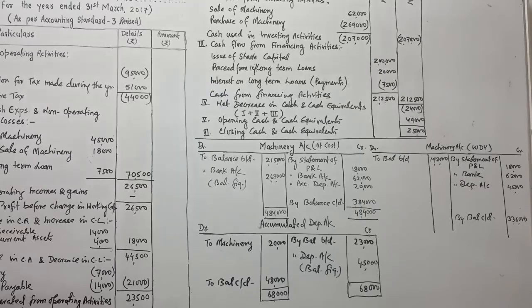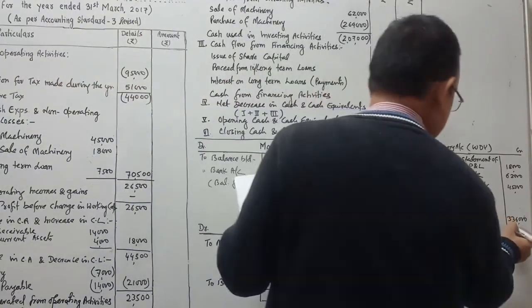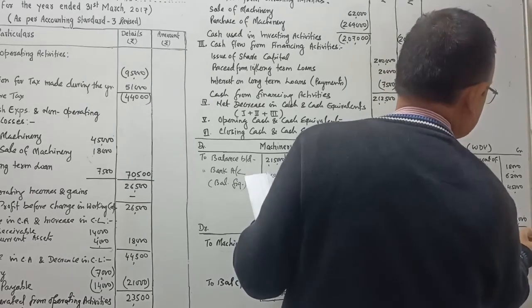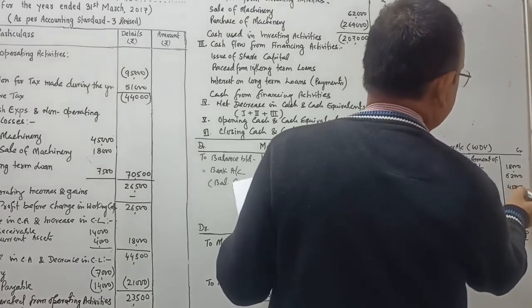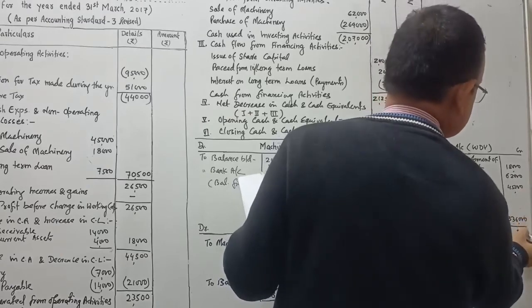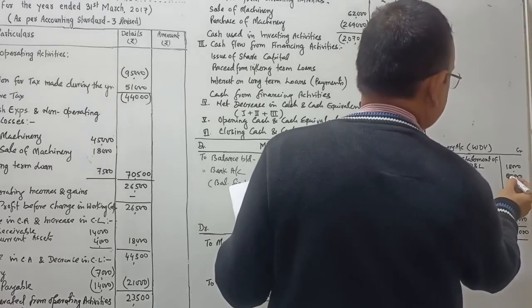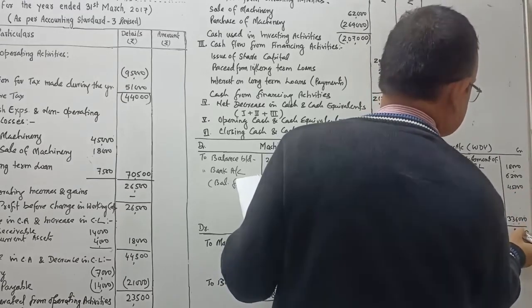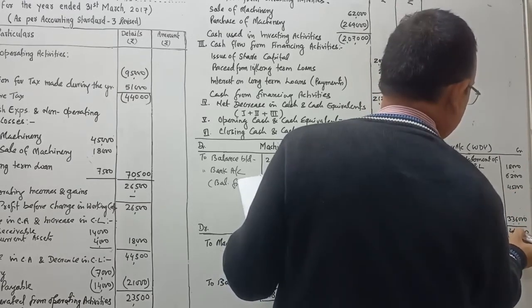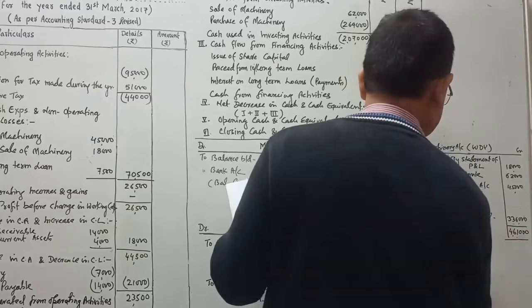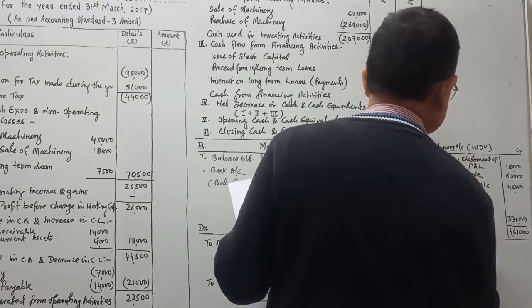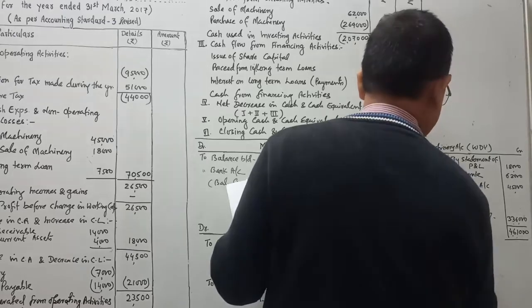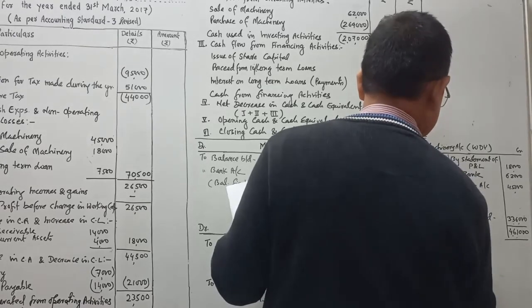Is it clear? Now we'll see the difference. You do the total. Total of this side is 4,61,000.